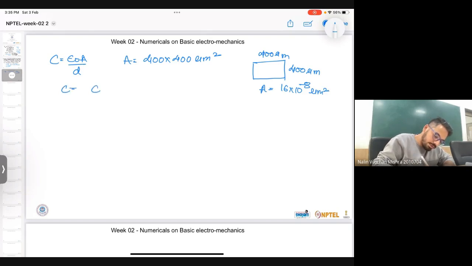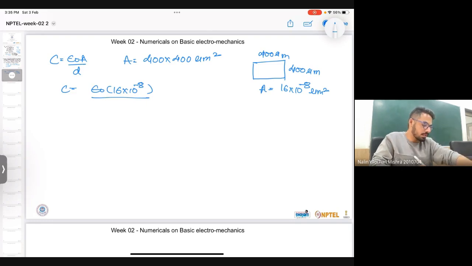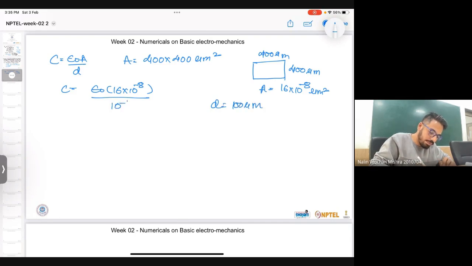We will put this value, and the distance is given as 100 micrometer, so it will be 10 to the power minus 4, and the value of epsilon is 8.854 into 10 to the power minus 12.